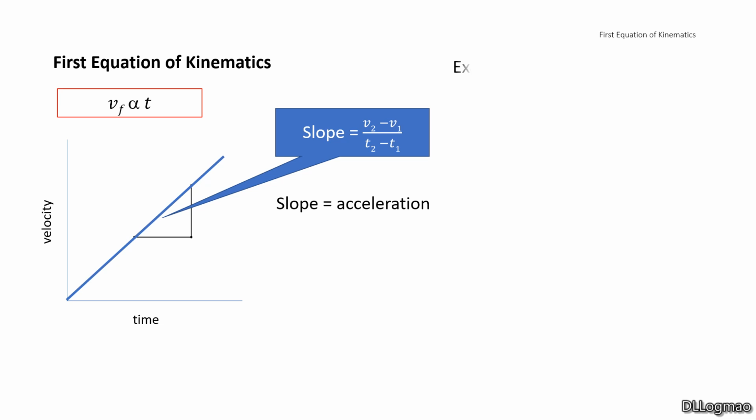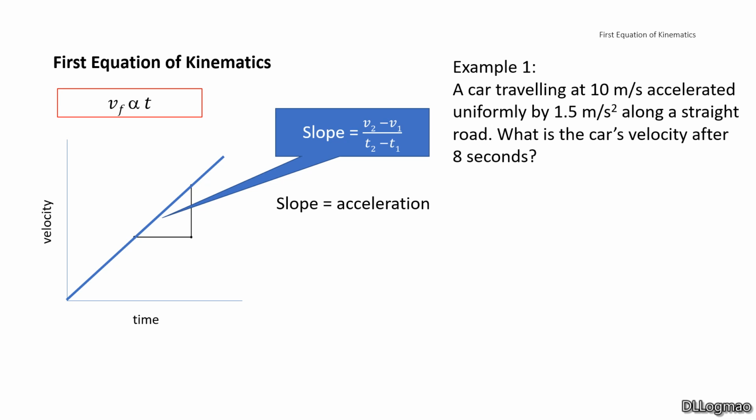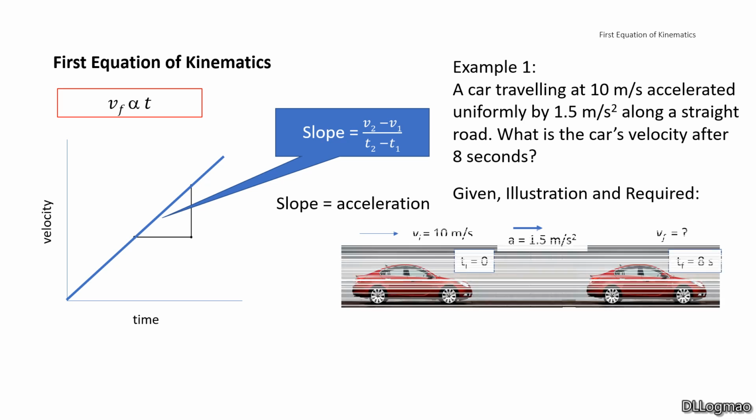Let's have an example. A car traveling at 10 meters per second accelerated uniformly by 1.5 meters per second squared along a straight road. What is the car's velocity after 8 seconds? The given, the illustration, and the required are shown.